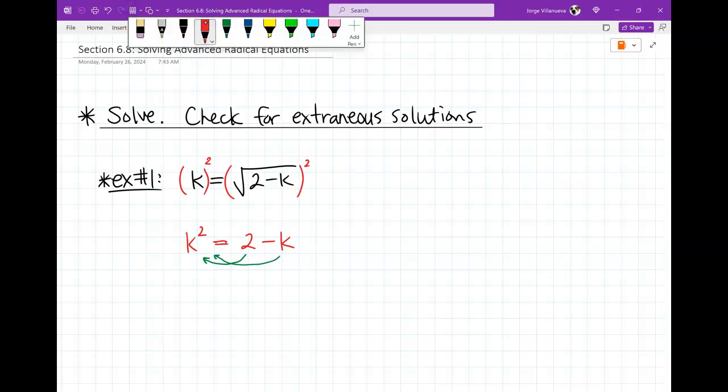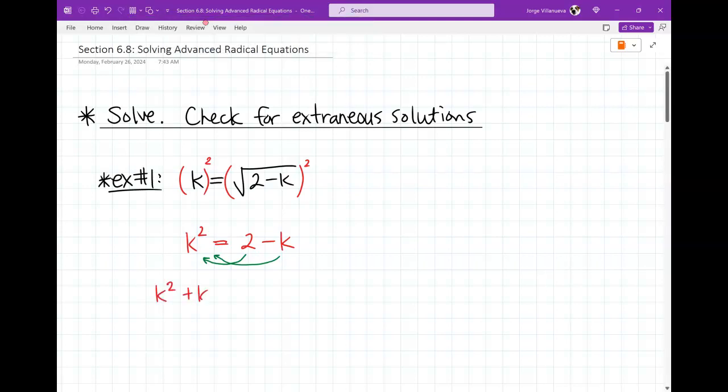So I'm just going to switch their signs because I'm switching the sides, okay? So k squared plus k minus 2 equals 0. It's the same as if I would have done plus k on both sides and then minus 2 on both sides. It would look the same way.